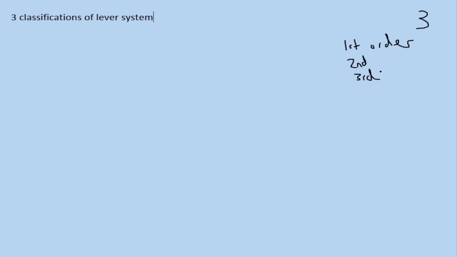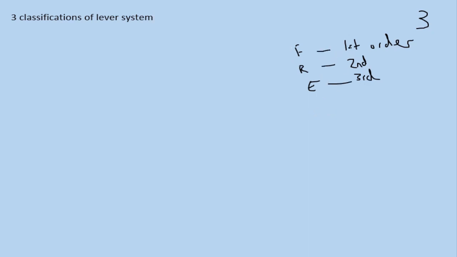It's very easy to remember which is which, and it's based on whichever component of a lever system is in the middle of the other 2. Me verbally explaining that will probably send you into a bit of a spin, but basically we can remember it by saying 1, 2, 3, F R E.